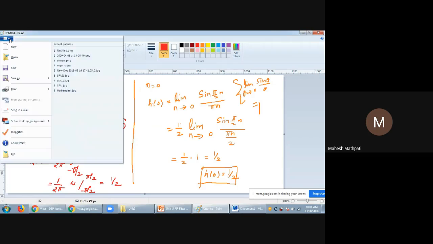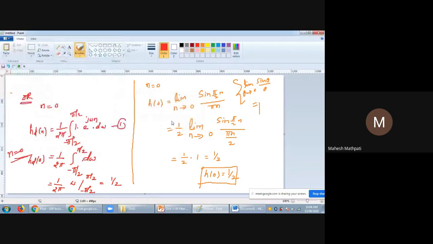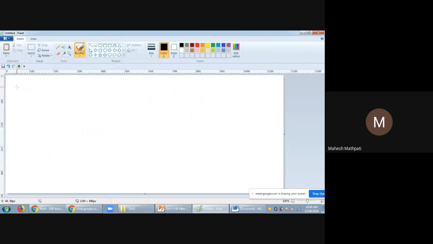Now, let us calculate for n equals 1. We have calculated the h of 0 value, which we got as 1 by 2. Now if you take n equals 1, then I will write h of 1 equals h of minus 1.